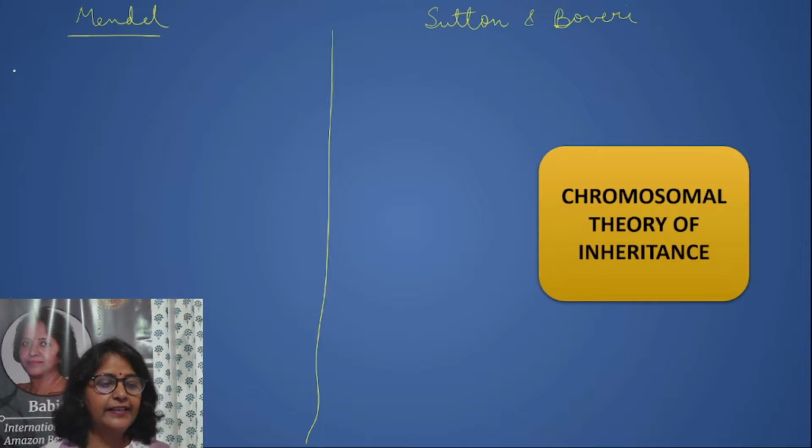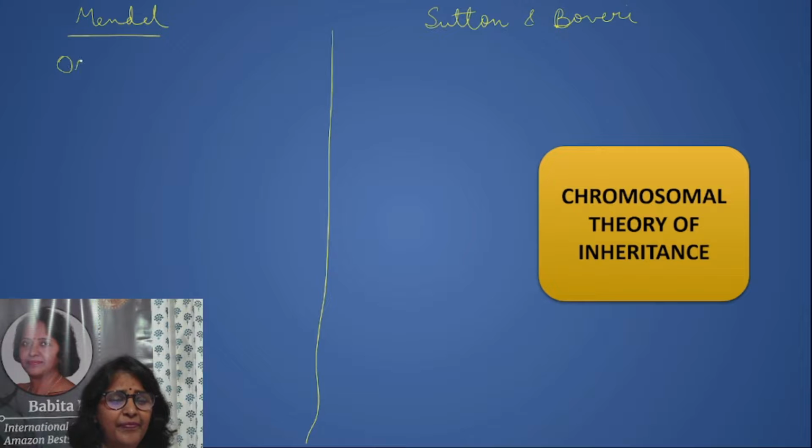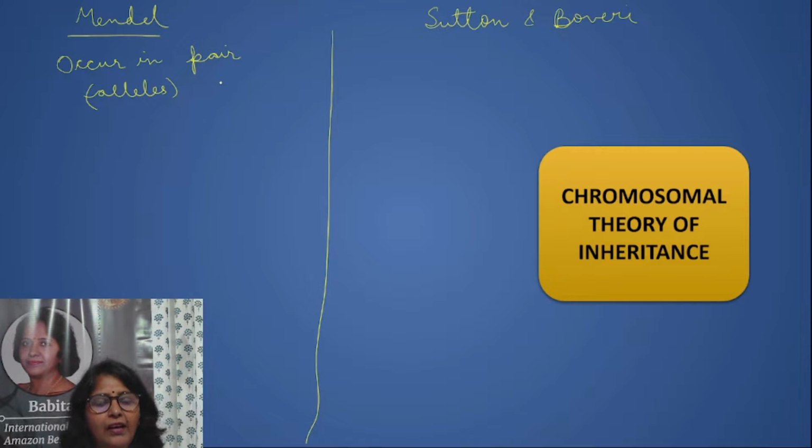Some factors are responsible for the inheritance of a character, and they occur in pairs. And he called them alleles. And the factor which Mendel was talking of was later called genes.